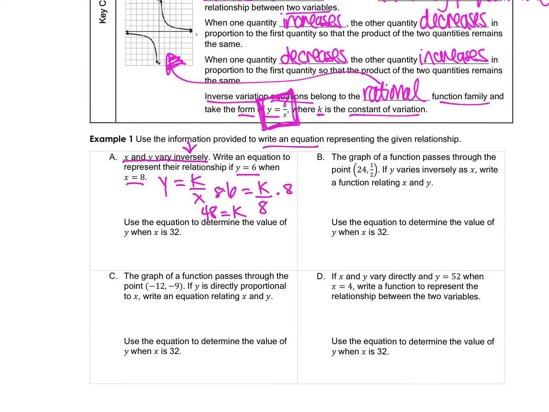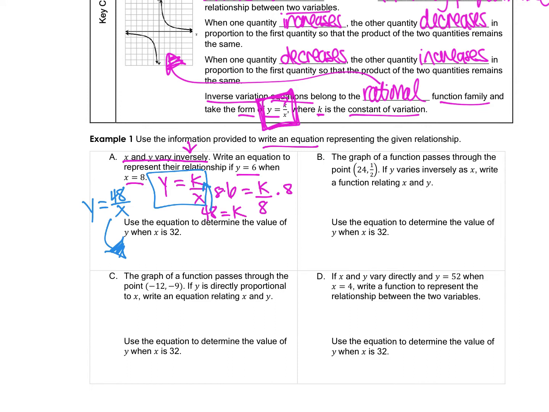Once you find your k, then you're going to plug it back into this equation to write your equation. So k is 48 over x. So there is the equation that we're going to be using in order to do the next section. So once you find k, substitute it into that inverse variation.